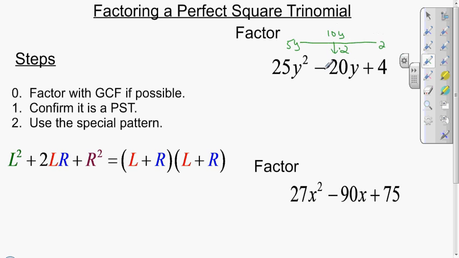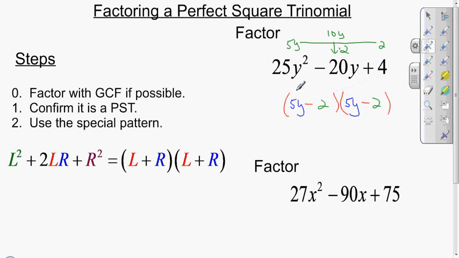It's fine that it's negative 20y, because that just means as I use this special pattern, I will use two minuses. Then I will square root my 25y squared and get 5y and 5y, and I will square root my 4 and get 2 and 2.